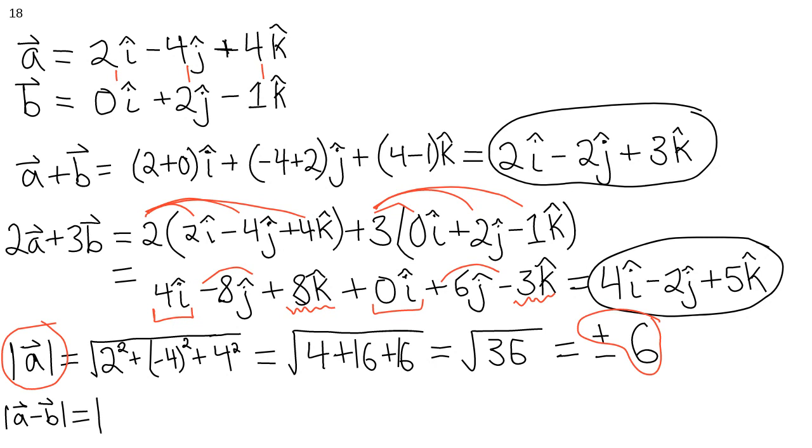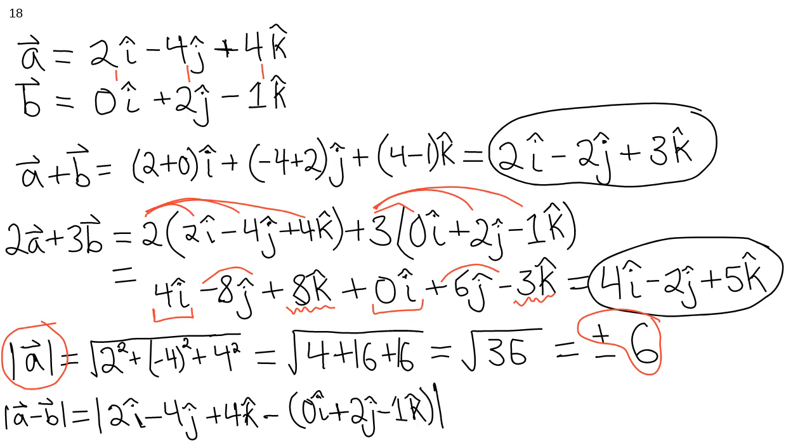That's the magnitude of 2i hat minus 4j hat plus 4k hat minus the B vector 0i hat plus 2j hat minus 1k hat.